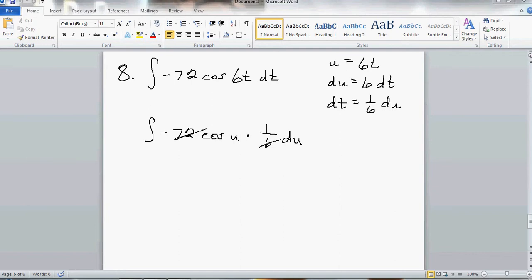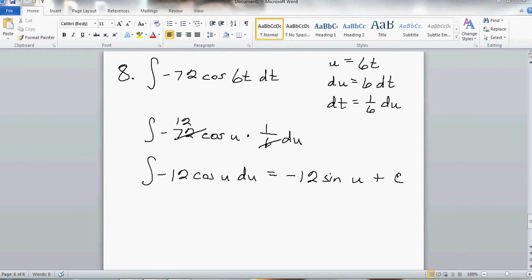So this will simplify to a 12, so we get negative 12 cosine of u du. So we can integrate this. The integral of cosine of u is sine of u plus c.